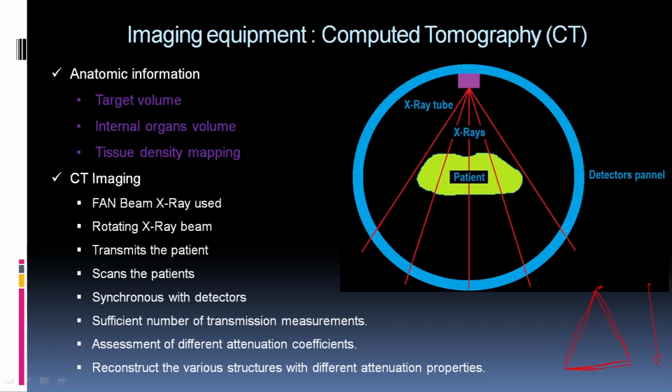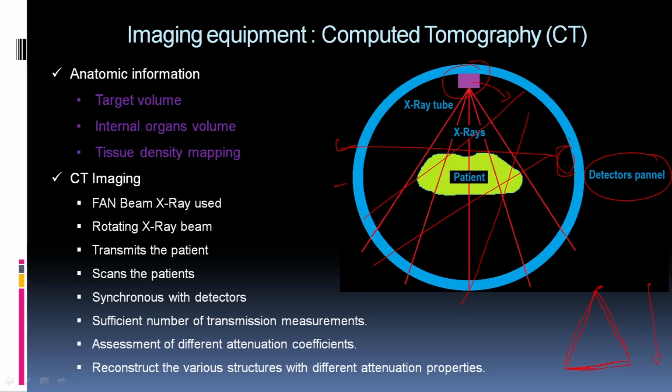So in a CT scan there is an X-ray tube, and it produces a fan beam, and it is a rotating X-ray tube, and we have a detecting assembly. This is the detector assembly or detector panel, and the fan beam is transmitted towards the patient from this position to this position. Again, when the X-ray tube is here, we will also get a fan beam transmission detected by the detector assembly.